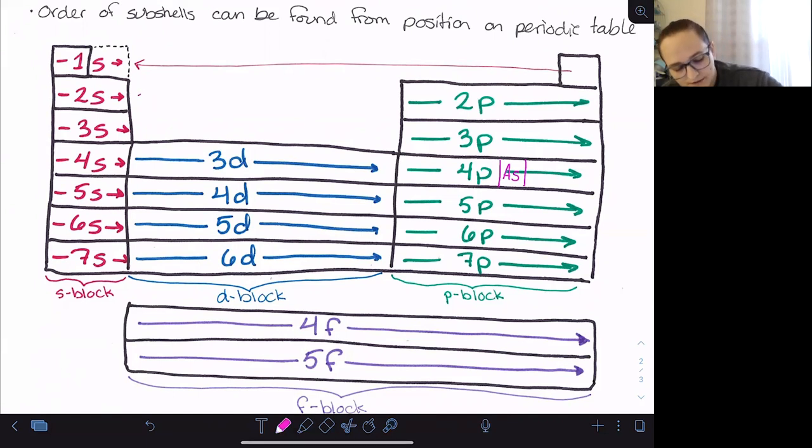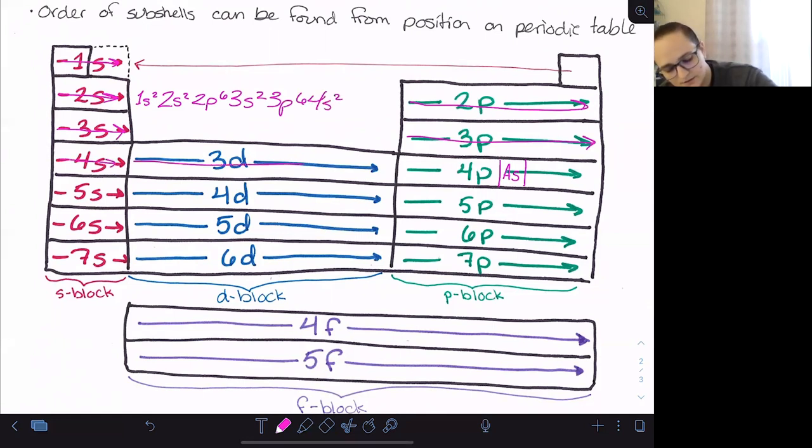So our 1s can hold a maximum of 2 electrons. So when we fill up the 1s, the next place we go is to the 2s. Then we're over here in the 2p, which can hold 6. Then we get to the 3s, which can hold 2. Then we get to the 3p, which can hold 6. Then to the 4s, which can hold 2.